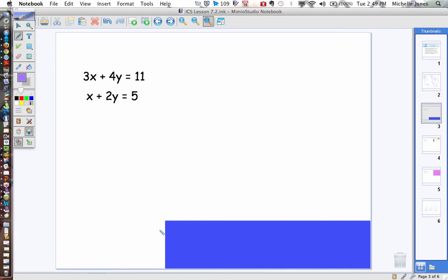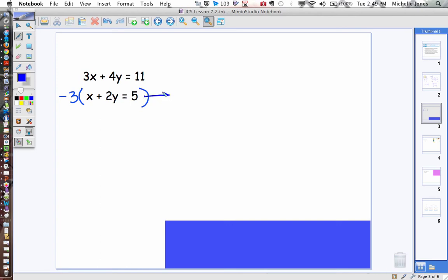Let's try another one. Here you have 3x plus 4y equals 11, and x plus 2y equals 5. Here, it's a little trickier to see what you can cancel out. But we can multiply one of our equations by negative 3. We're picking negative 3 so that our x's will cancel.